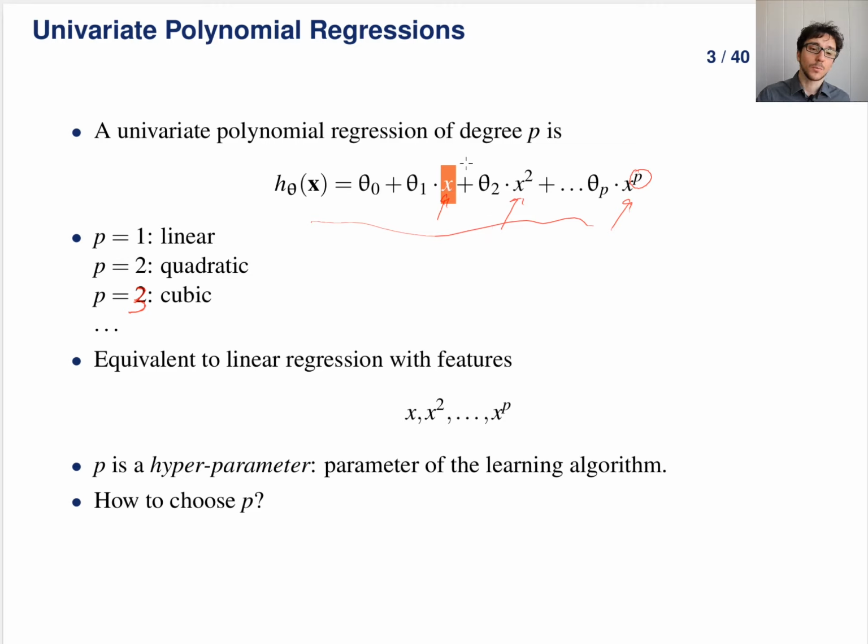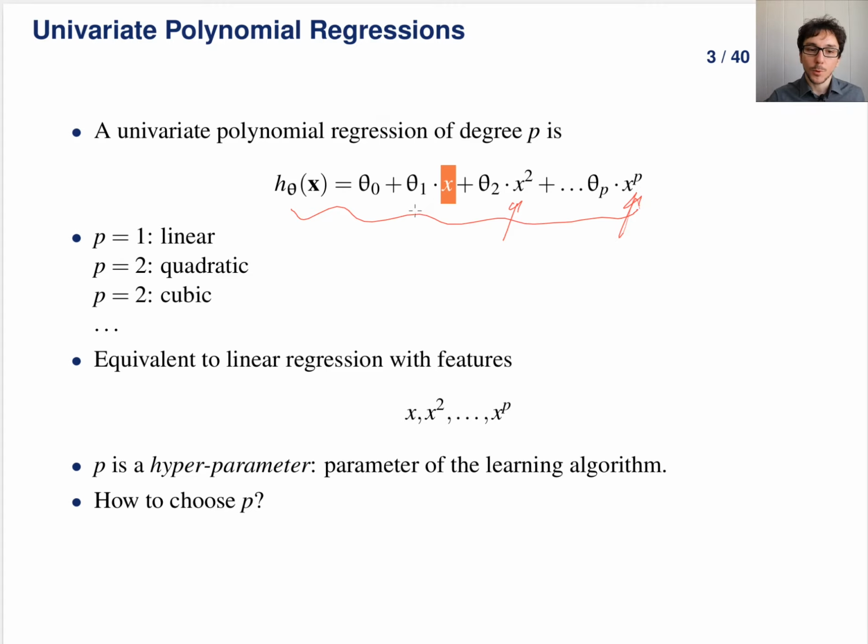So every time you add an artificial feature, you also add a parameter that goes with it. The larger the polynomial degree p, the more complex your model is, because you have more parameters. Observe anyway that at the end, a polynomial regression is nothing more than a linear regression where you have just more features.